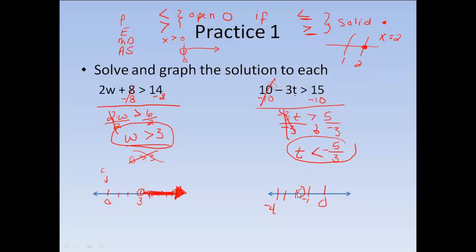So another way that you can decide to graph is to think about which direction is less than negative 5/3. Well, that is to the left. The numbers to the left are smaller than negative 5/3. Or if you're not sure, you can do a test point again. Plug in a 0. Is 0 less than negative 5/3? Well, that's false, so my test point, which is on the right, turned out to be false, so I would again shade to the left.